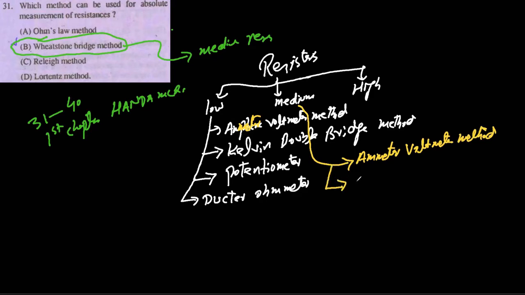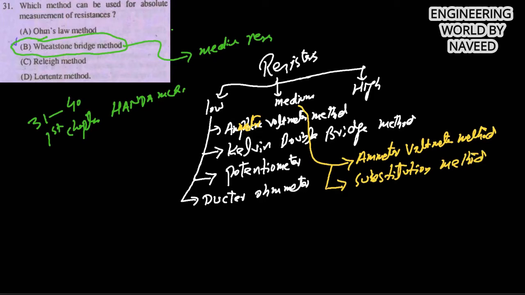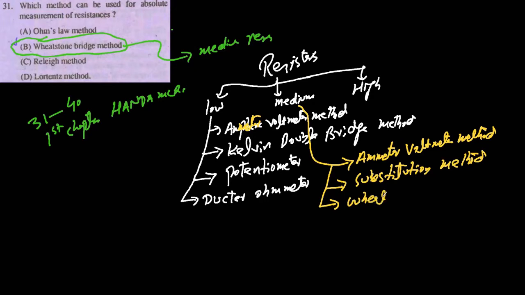Medium resistance can be measured by using the substitution method. Medium resistance value can be measured by using the Wheatstone bridge method. And medium resistance value can be measured by using the ohm meter method.